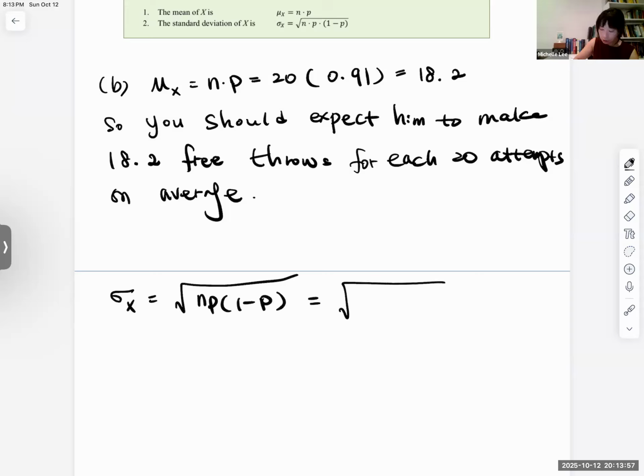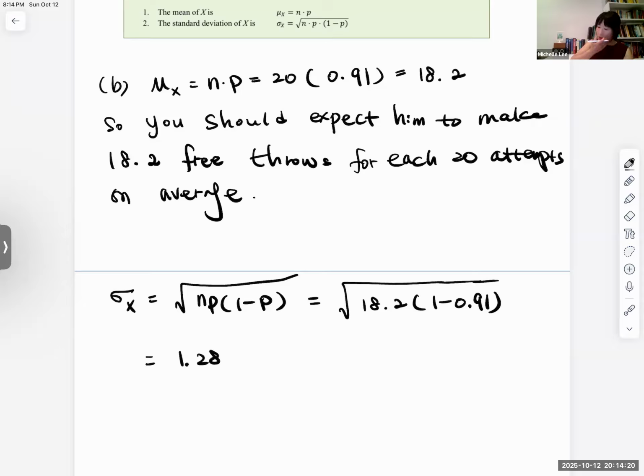So square root of n times p, we had 18.2. Or we can say 20 times 0.91, that's fine too. 1 minus p, which is 0.91, right? Can you please calculate? Okay, so we have 1.28.